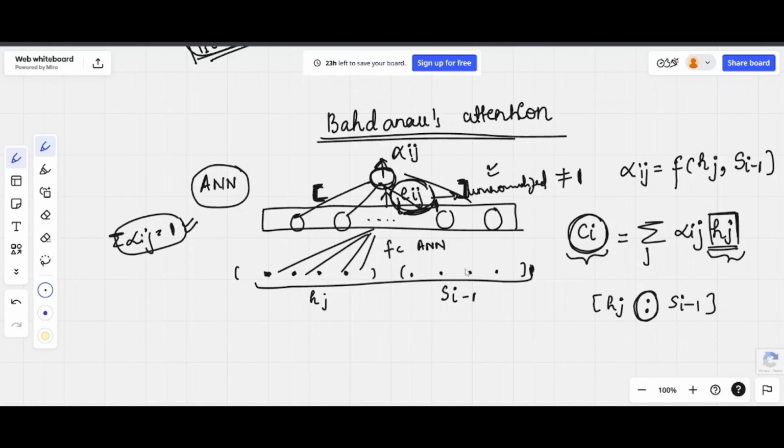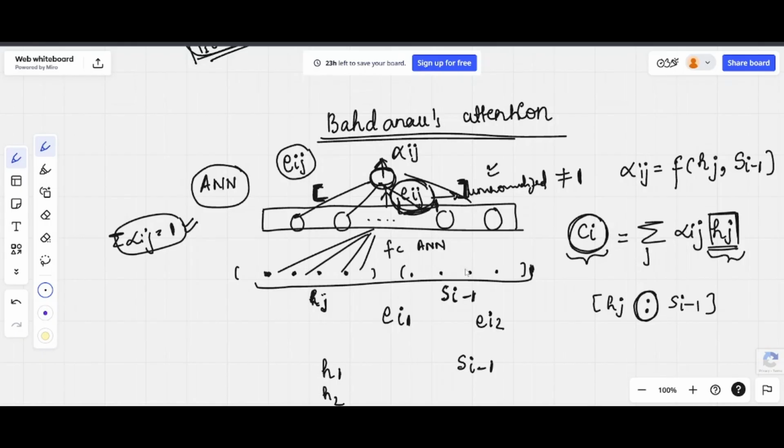The first way is that you pass hj and si minus 1 as input and you obtain your eij, right? So for example, I pass h1 and si minus 1, and I will get my ei1. Similarly, when I pass h2, I will get my ei2.